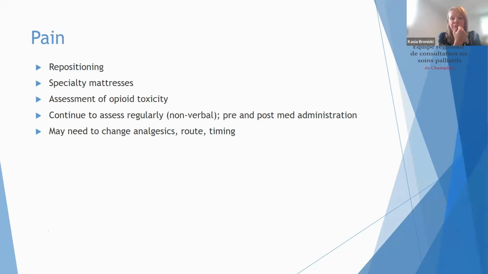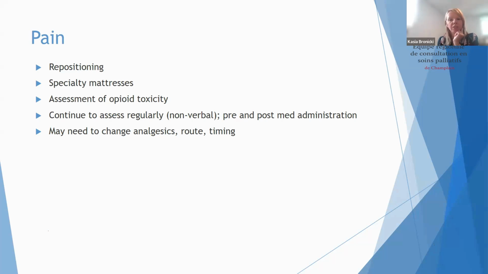We assess for opioid toxicity, so hallucinations, myoclonus, which is like a twitching that can be seen as an opioid toxicity. And we continue to assess signs and symptoms of pain with different pain scales that are available, which I'll highlight in a moment.